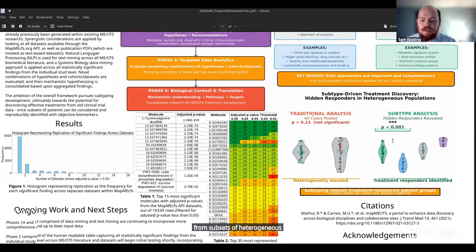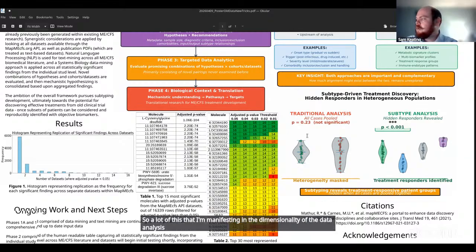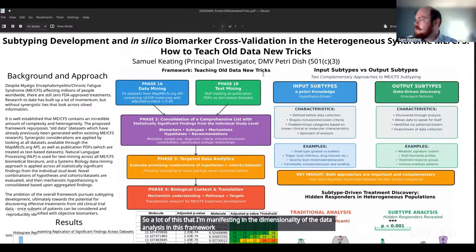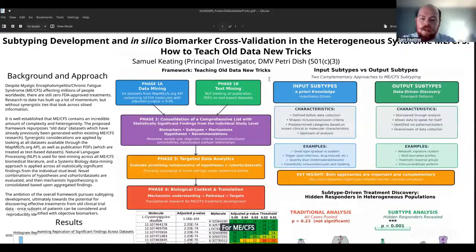So a lot of this that I'm manifesting in the dimensionality of the data analysis in this framework for ME/CFS is actually very parallel to how I see knowledge aggregation broadly, because there's a lot that we can deploy from existing discoveries, existing proposed solutions.